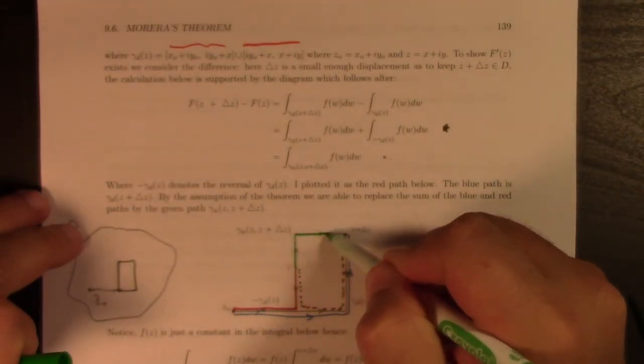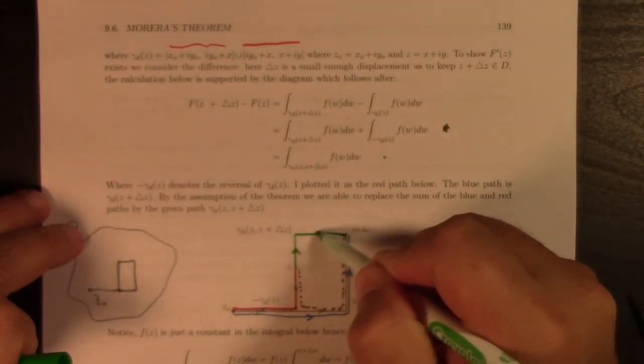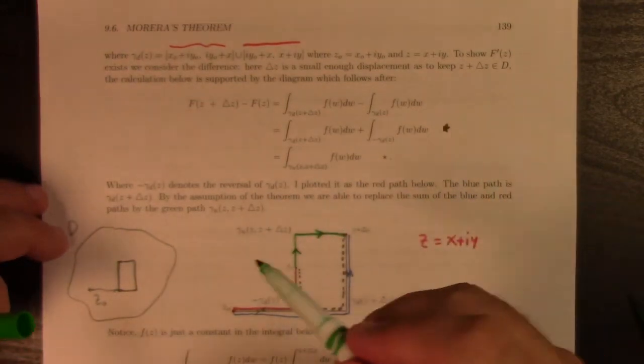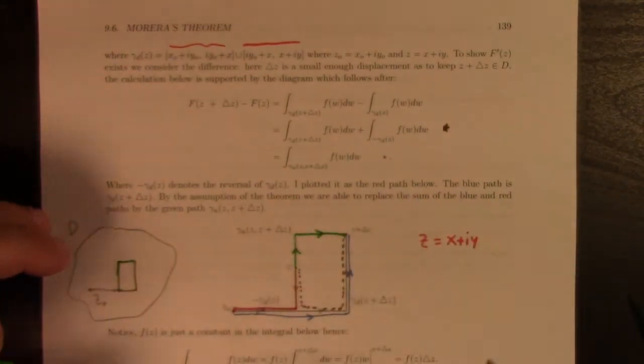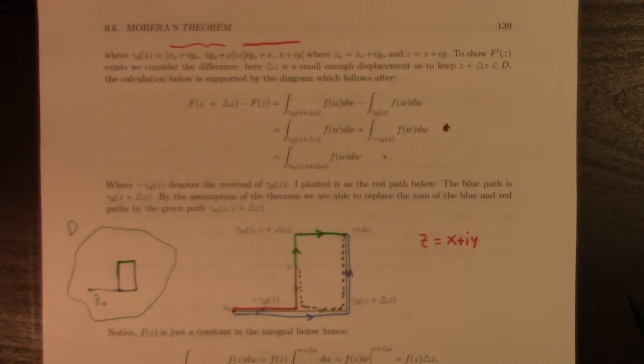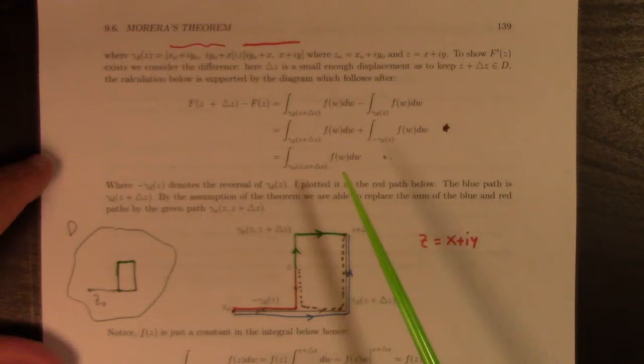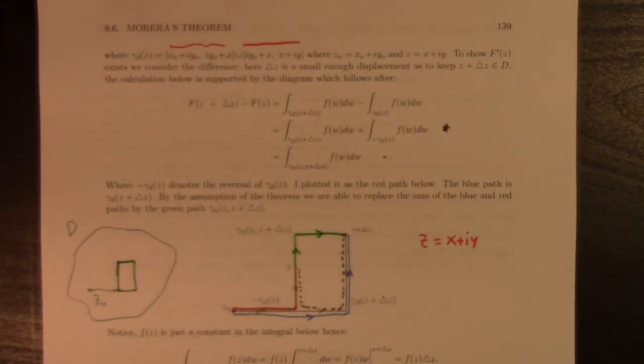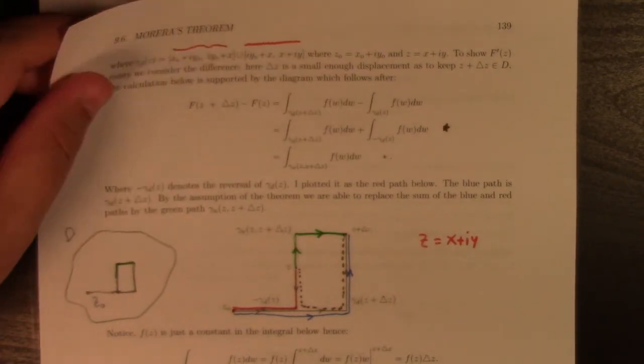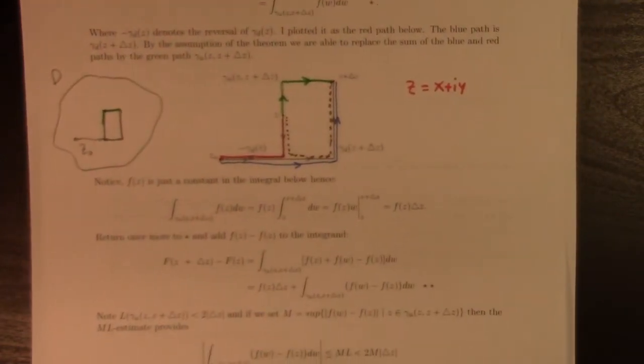because we are assuming that the integral around a rectangle, any closed rectangle, right, is 0. So that means that the dotted brown path and the green path must be equal, so I can replace this with that. All right. But on the other hand, it's nice to notice that f of z is just a constant.